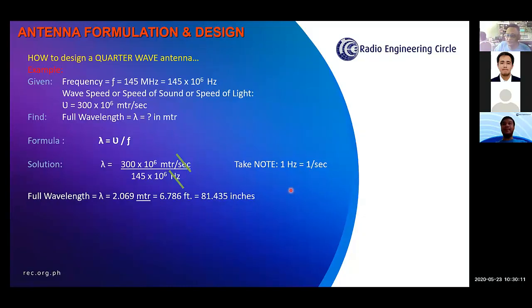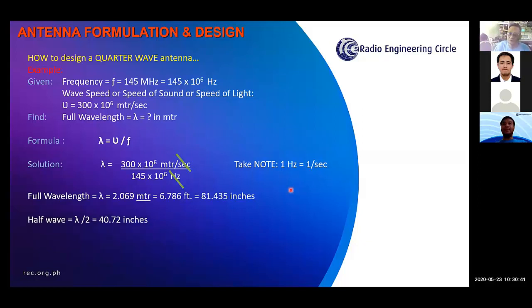So, ang lalabas is full wave ng 145 megahertz is 2.06 meter, equivalent to, in feet, 6.76 feet, and in inches, 81.435 inches. Paki-check sa calculator, kung mali.